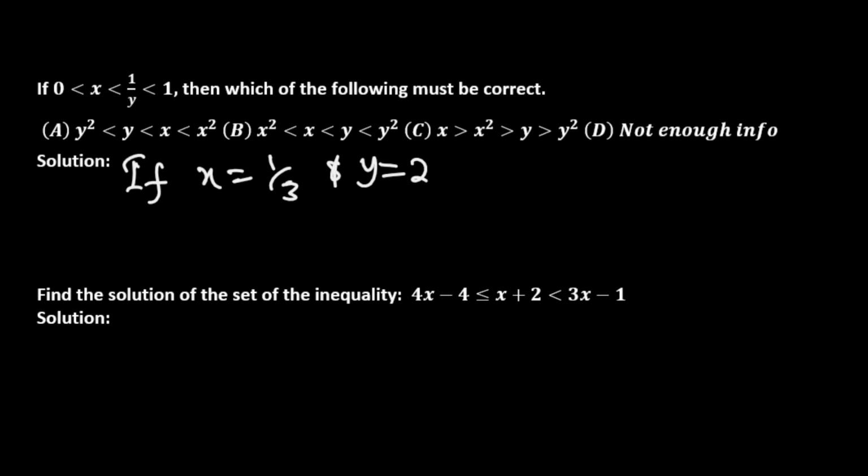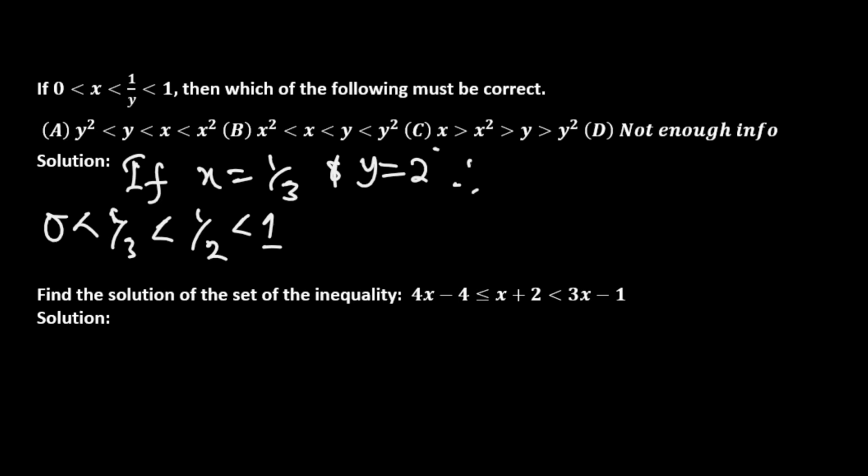Check it. Because if you check now, 0 is less than 1 over 3, and 1 over 3 is less than 1 over 2, and 1 over 2 in turn is less than 1. So this is very correct. So x is 1 over 3 and y is 2.